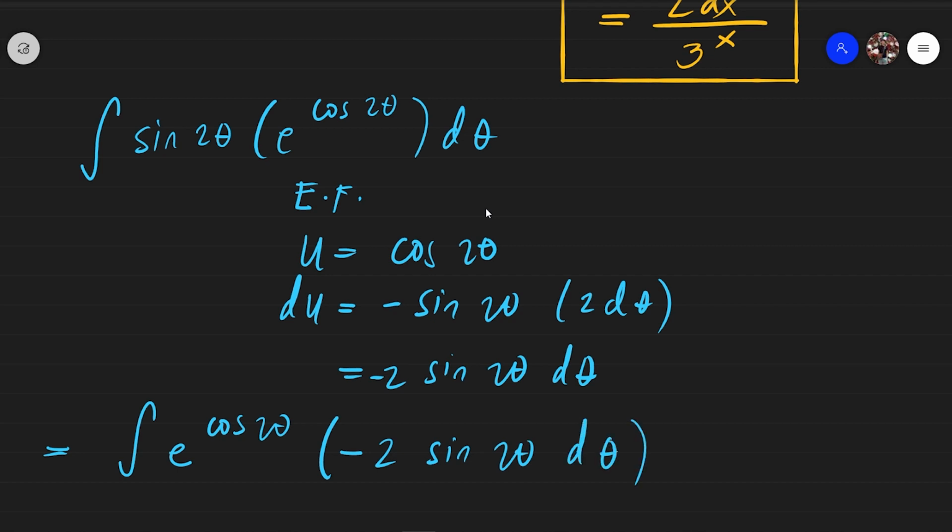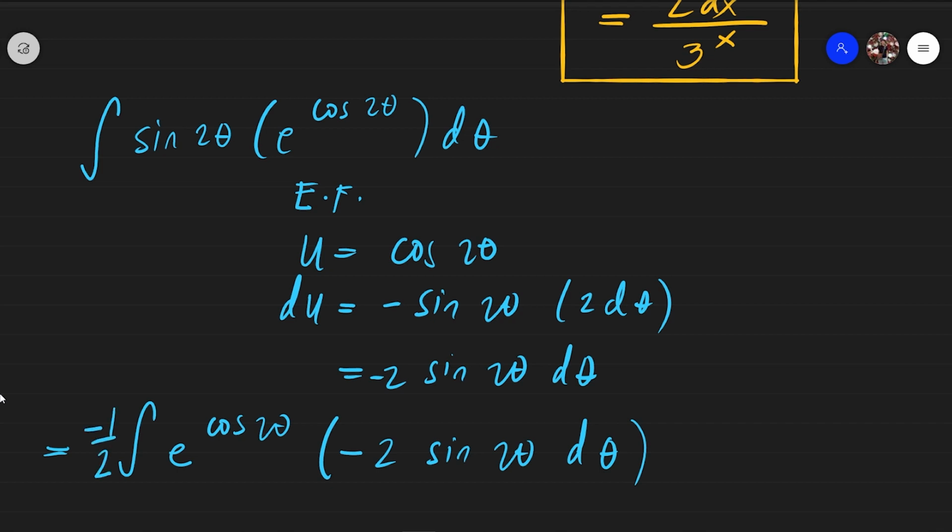Now if you compare this quantity with the original given function, obviously they are not equal because of this negative 2. So you have to introduce a correction factor, and the correction factor is negative 1 half.